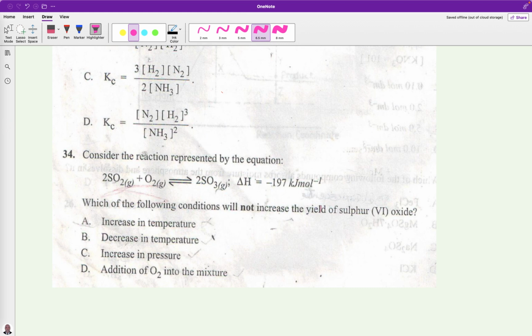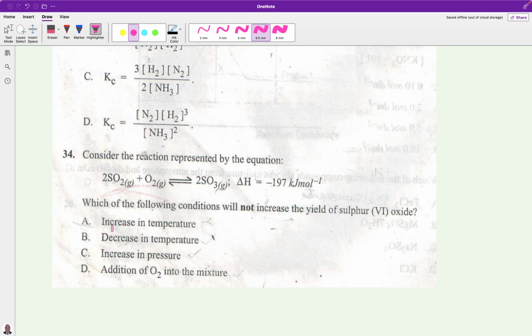Okay, let's see how we can do it. With A, remember, you must know the condition. This is an exothermic reaction. So, increase in temperature.